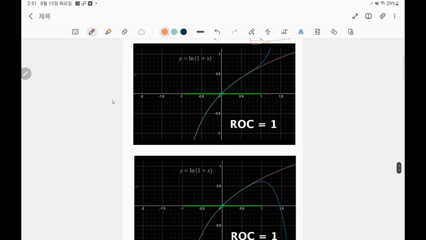Graphically, you can visualize that ln of x plus 1 is this function here, and it goes to minus infinity at the point x equals minus 1. So if you expand it about the x equals 0 point, you have all the knowledge, infinite knowledge and information, about the graph here. It doesn't match.